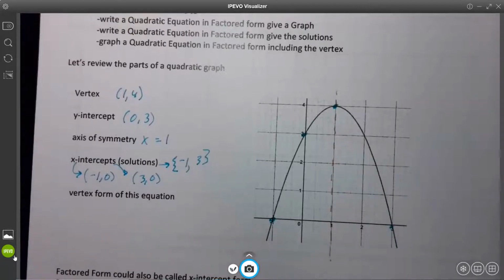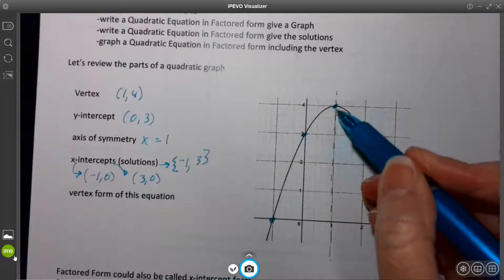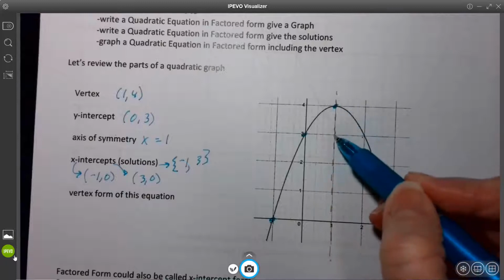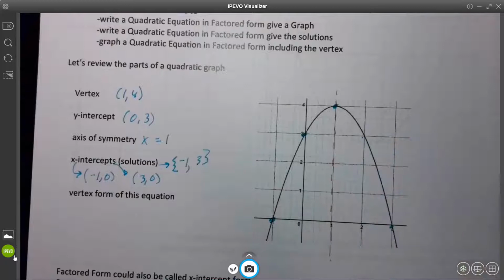Now we're going to write a vertex form. Actually, a here is 1. I know that because I'm going just 1 apart over here. So I know a is 1. I'm going to end up 1, 2 over, 1, 2, 3, 4. So this is a parent function just turned upside down and shifted. But a is just 1, so we don't have to worry about a stretch or a shrink.